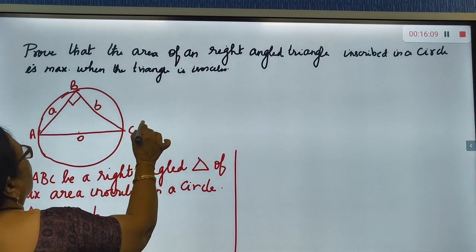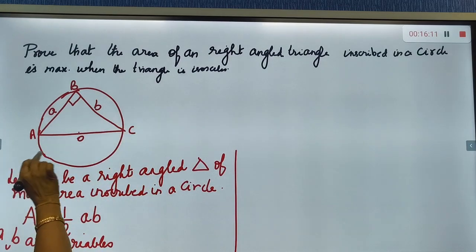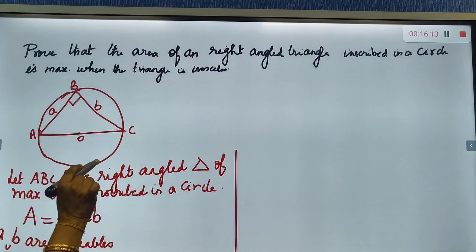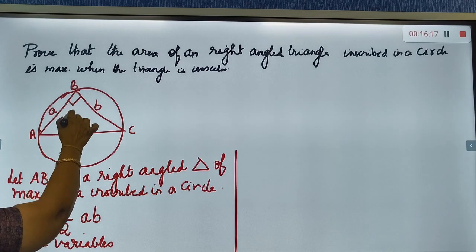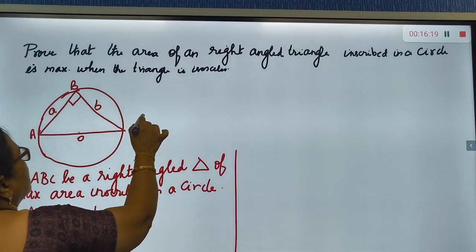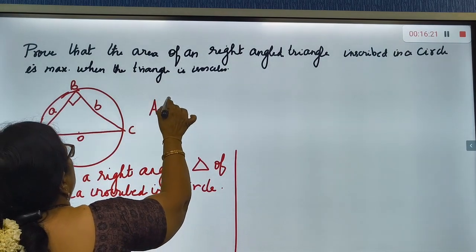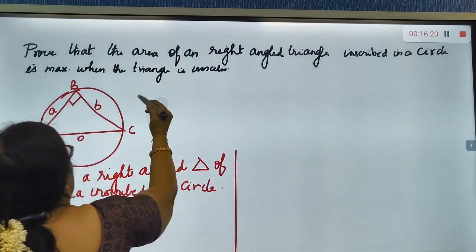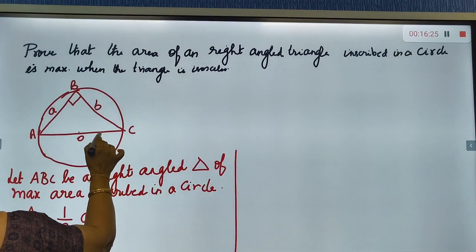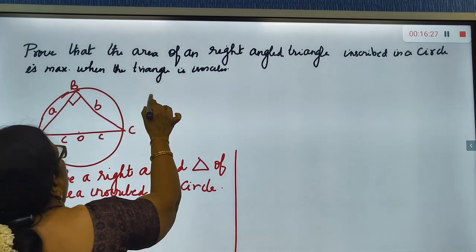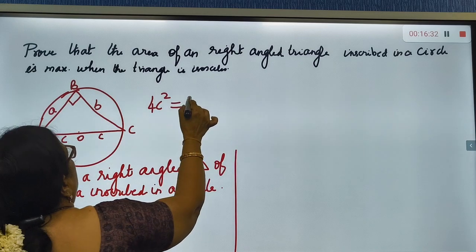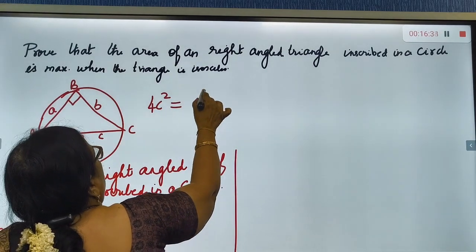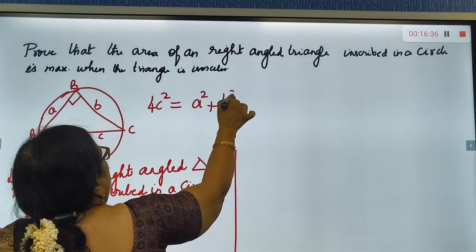But I know that AC square of a right angle triangle would be maximum when the triangle is isosceles. So if this is right angle, I know that AC, which is, let me call it as, say, this is C and C, 4C square is equal to A square plus B square.